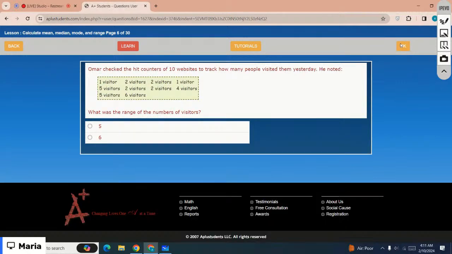Okay, Umar checked the hit counter of 10 websites to track how many people visited them yesterday. He noted the numbers of visitors. You need to calculate the range. How do you calculate?